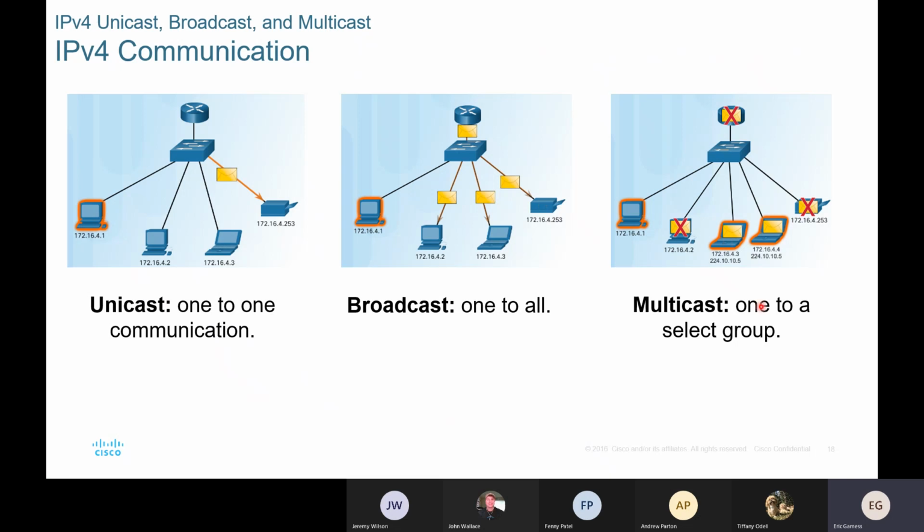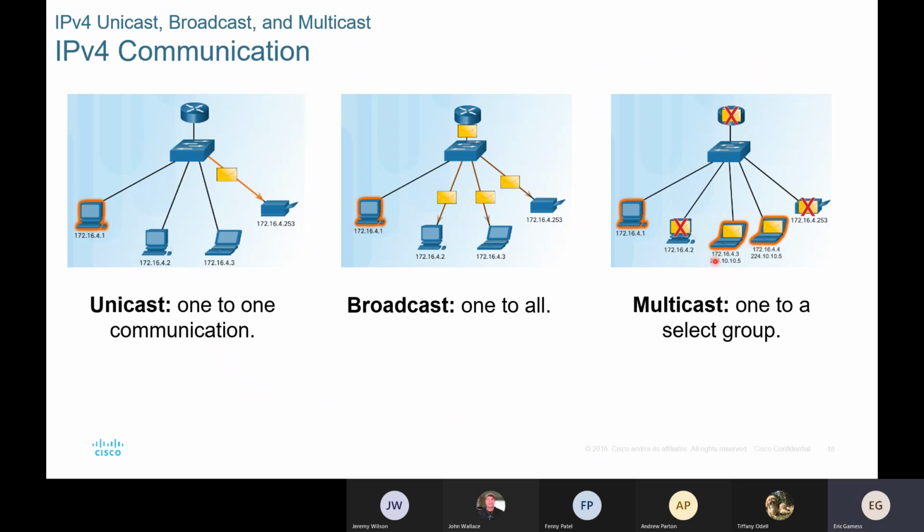And there is something that we call a multicast. To have multicast, we need computers that subscribe to a multicast group. They become subscribers. They say, I am interested, for example, in seeing the football game.